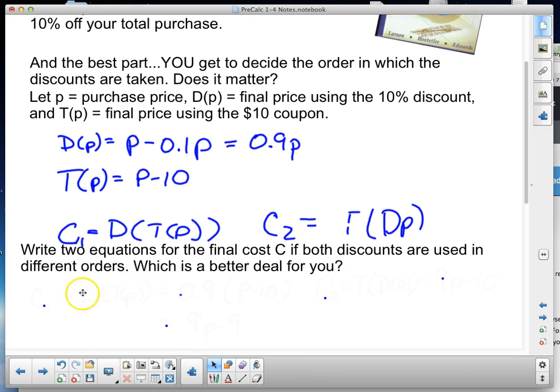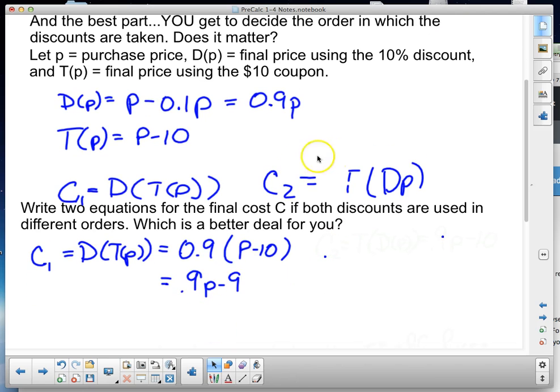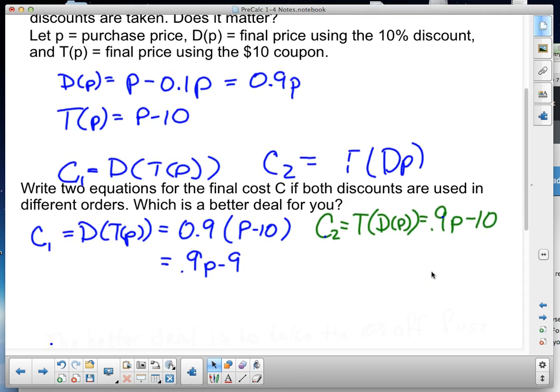So the first one, taking off the $10 first, and then taking off the percent. Okay, so we've taken off the $10 and we're taking off this percent. Or the second one, we take off the percent and we take off the $10. Which is a better deal when we consider it?